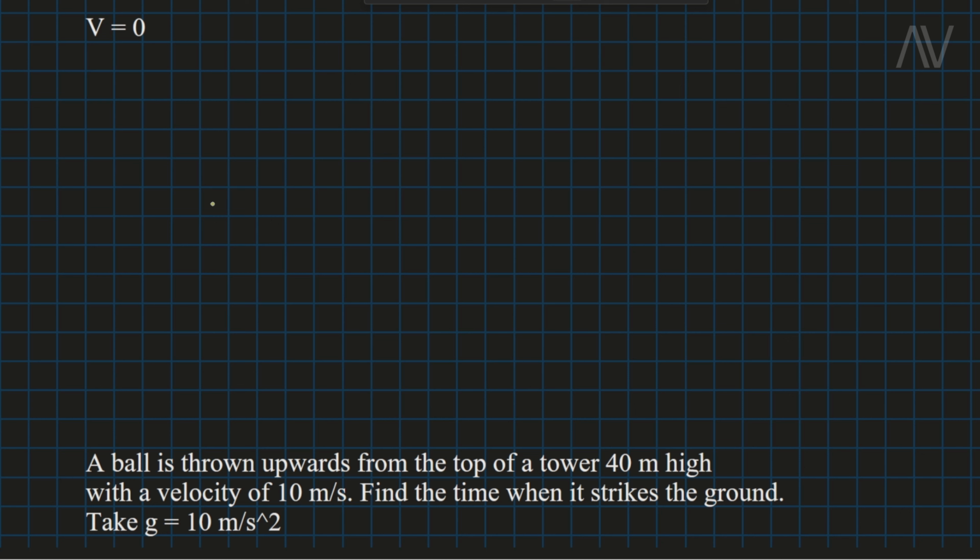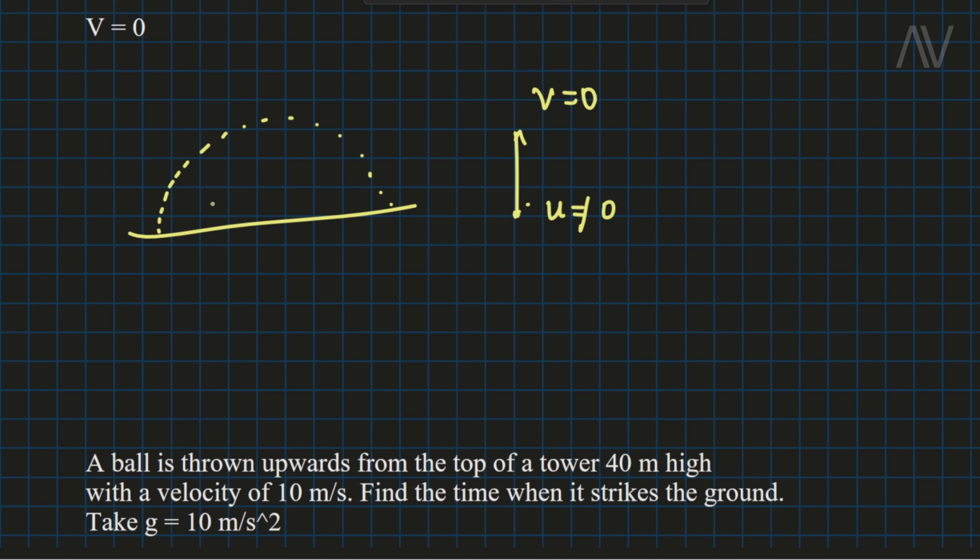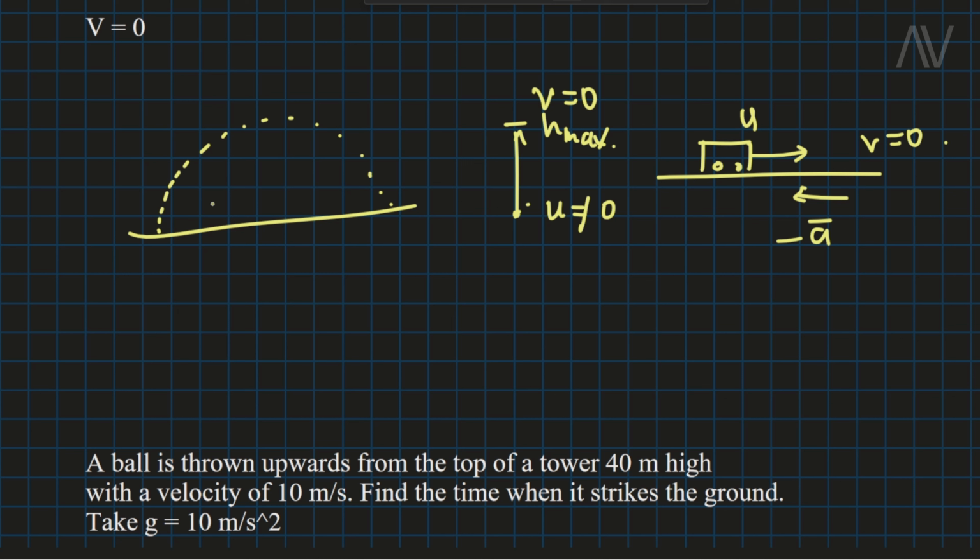Now in the case when the body is thrown vertically upwards, the initial velocity is not equal to 0, but the final velocity is equal to 0 at h max. A car, for example, which is moving ahead with a certain velocity u, would come to rest due to retardation, that is negative acceleration, and its final velocity would be equal to 0.